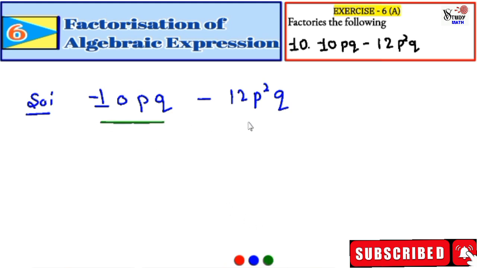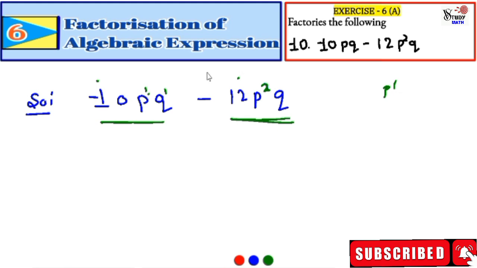In the first term the variable power is 1, and in the second term we have p square. If both terms have the same variable, we take common the variable which has the smallest power in any term. In the first term p to the power 1, and in the second term p to the power 2. So we take p to the power 1 common from both terms because it has the smallest degree.